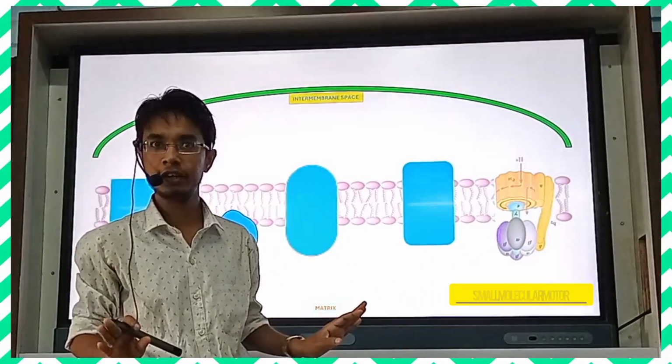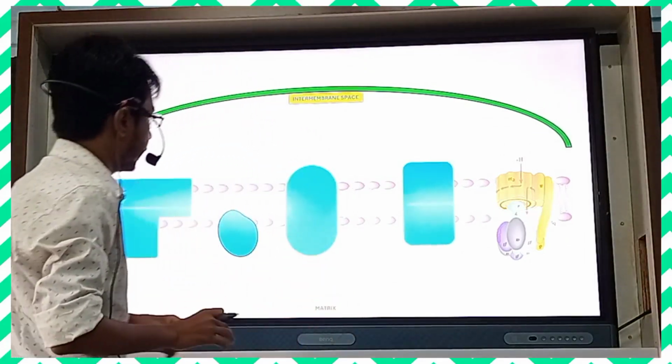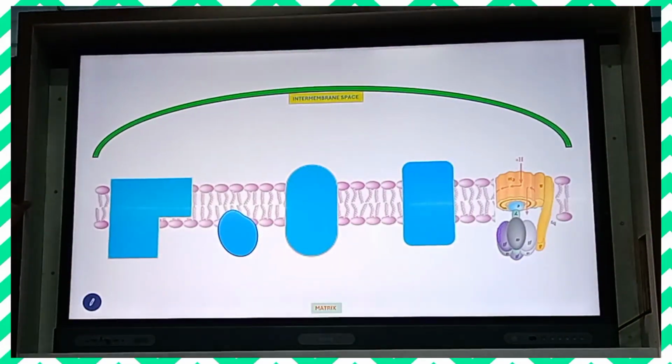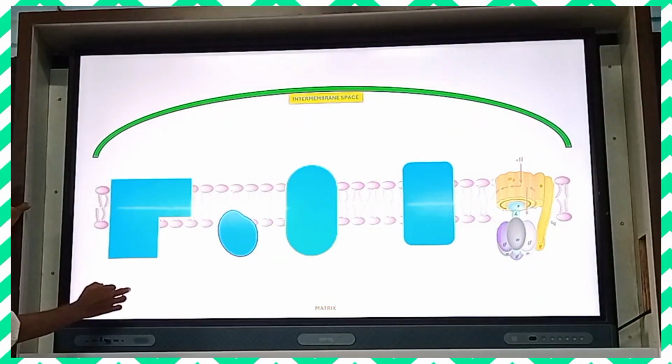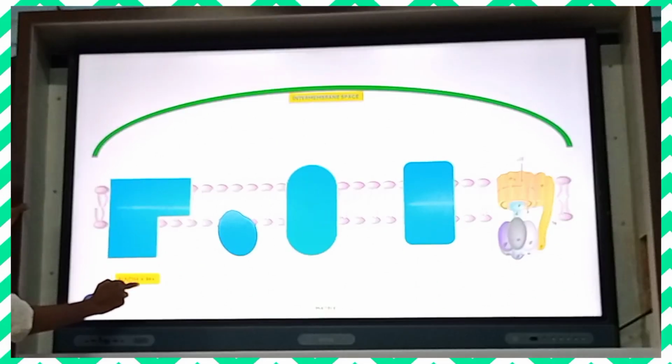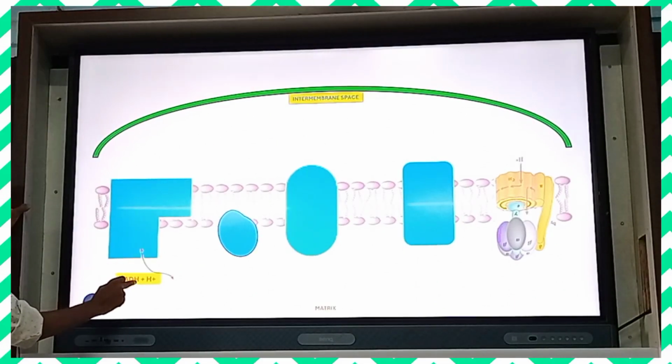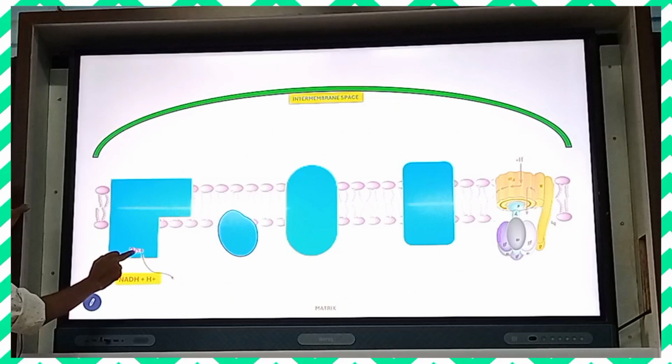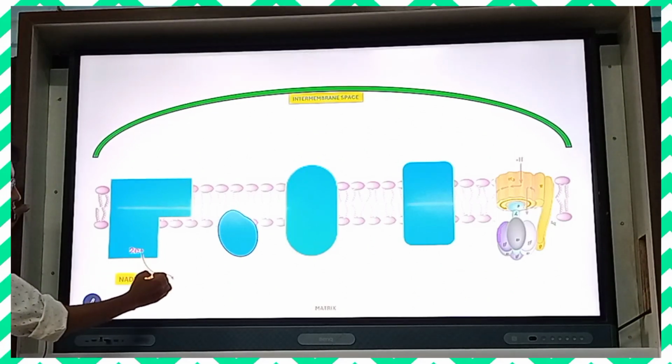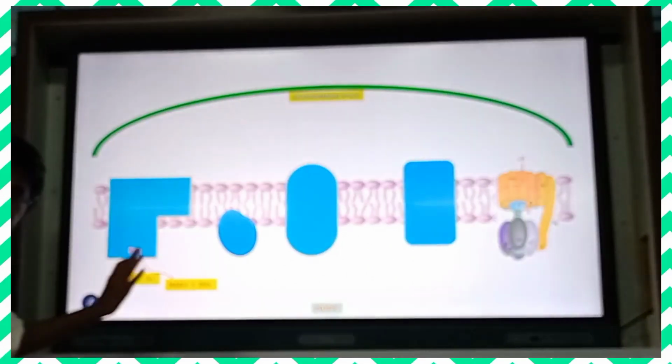Is that clear? Now see, two electrons transfer from NADH, and NADH is converted into NAD plus 2H plus.